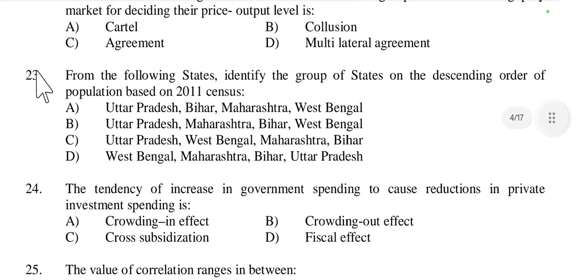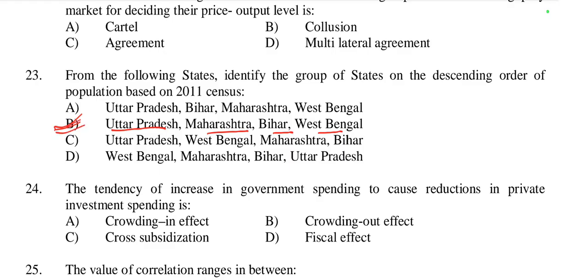Then question number 23. From the following states, identify the group of states in descending order of population based on the 2011 census. Descending order. First one is Uttar Pradesh, then Maharashtra, Bihar, and West Bengal, according to population.